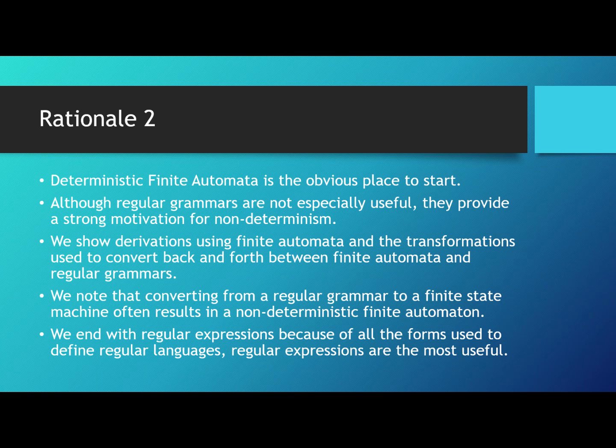We note that converting from a regular grammar to a finite state machine often results in a non-deterministic finite automata. We end the entire discussion of these with regular expressions because of all the forms used to define regular languages. Regular expressions should prove to be the most useful for students.